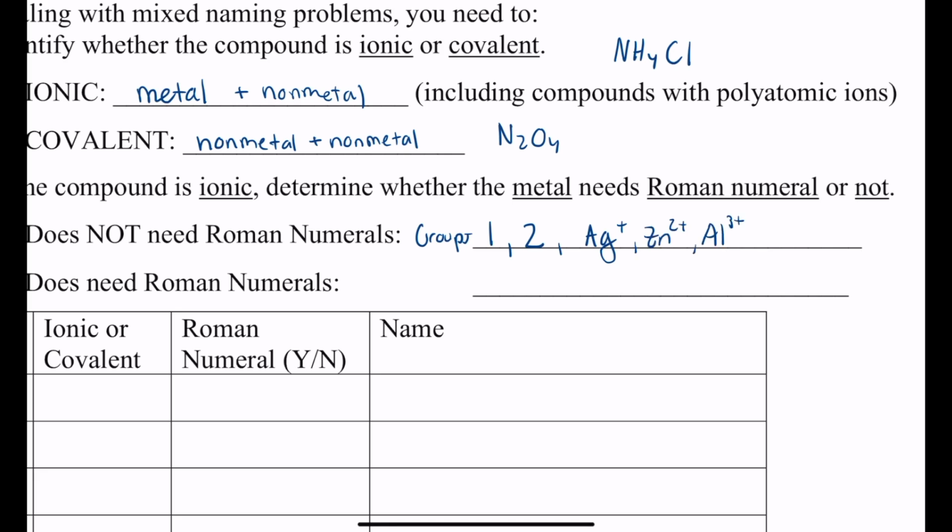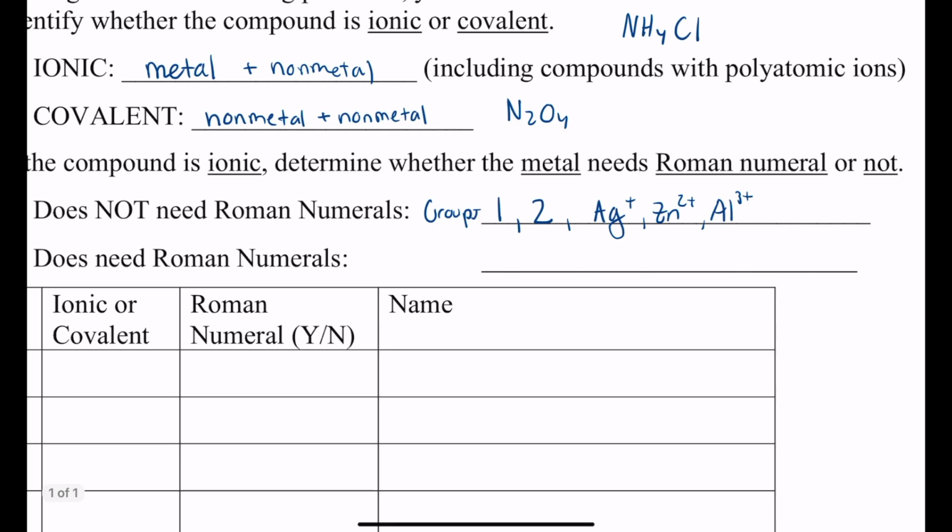They will always have a 1 plus, 2 plus, or 3 plus charge respectively whenever they ionize, so they don't need a Roman numeral. Depending on your teacher, they might also say, hey, cadmium is also a fixed charge, but I won't do that in my class. The metals that do need Roman numerals are any other metal, anything else here.